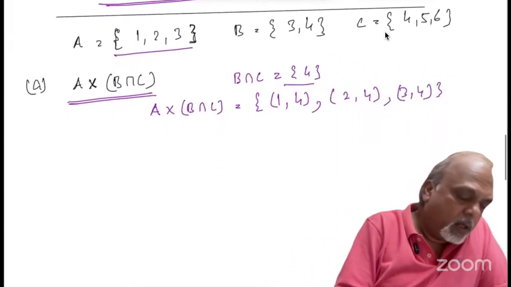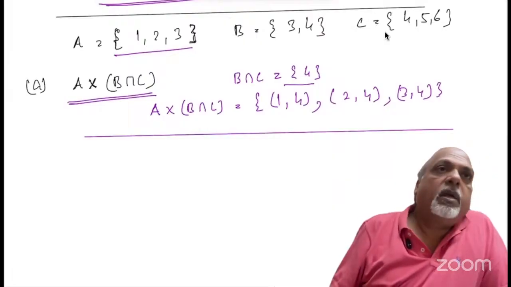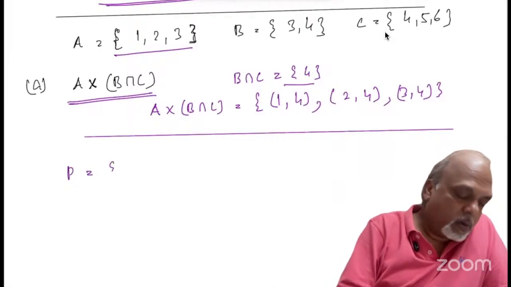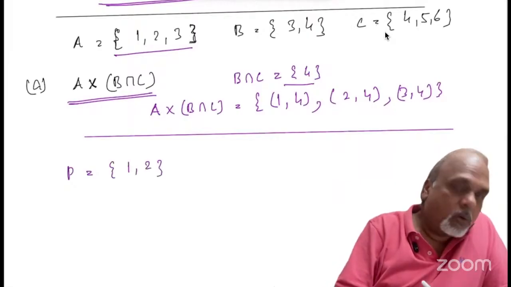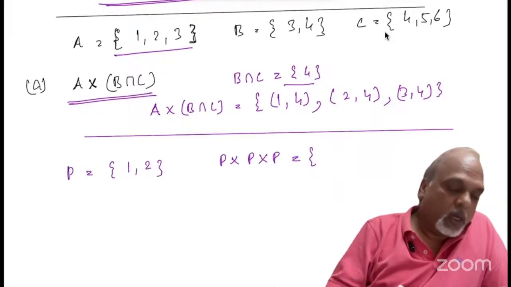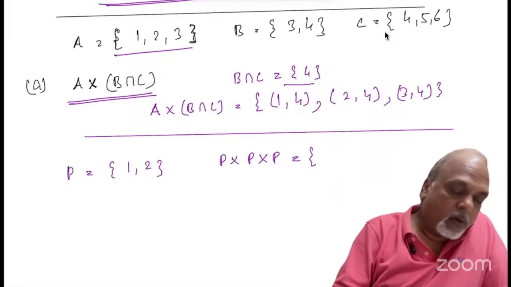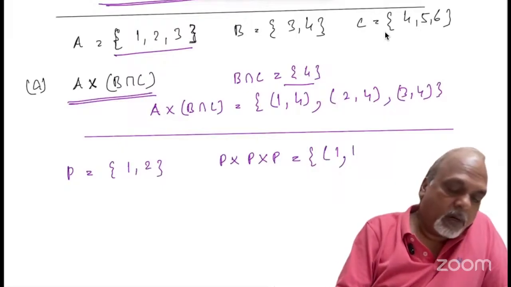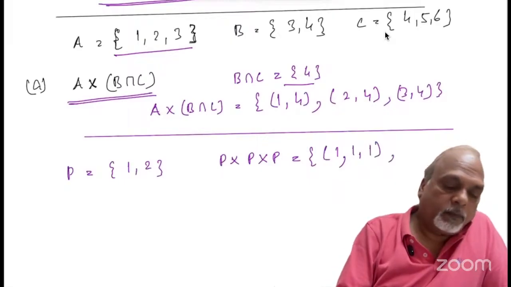Then another thing to be learned is this. Suppose your P is 1 and 2. Then what about P cross P cross P? If we write this, then it will be like this. We have to take the first element of P, then again P is there, first element, then again P is there.